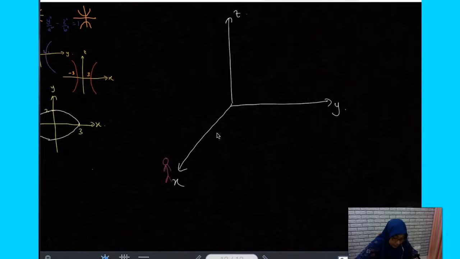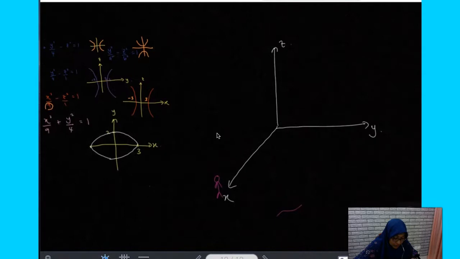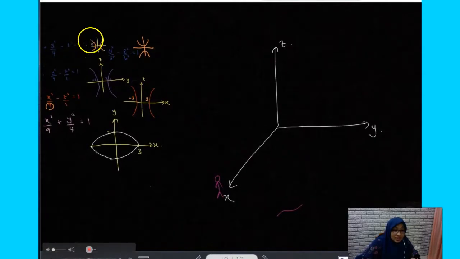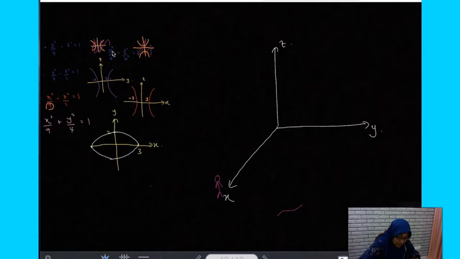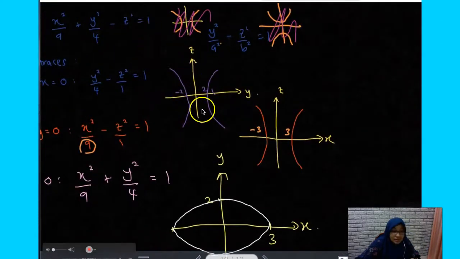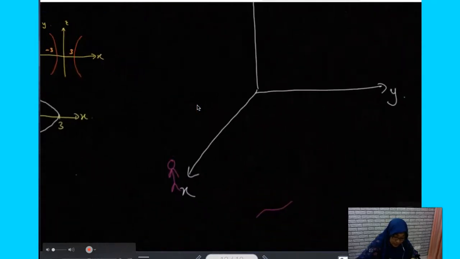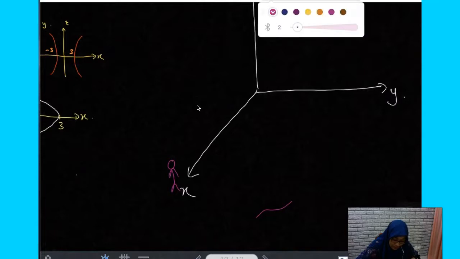So what can you see? You can see this, not that one. Okay, but this one, right? This one on the ZY plane. That is the purple hyperbola.